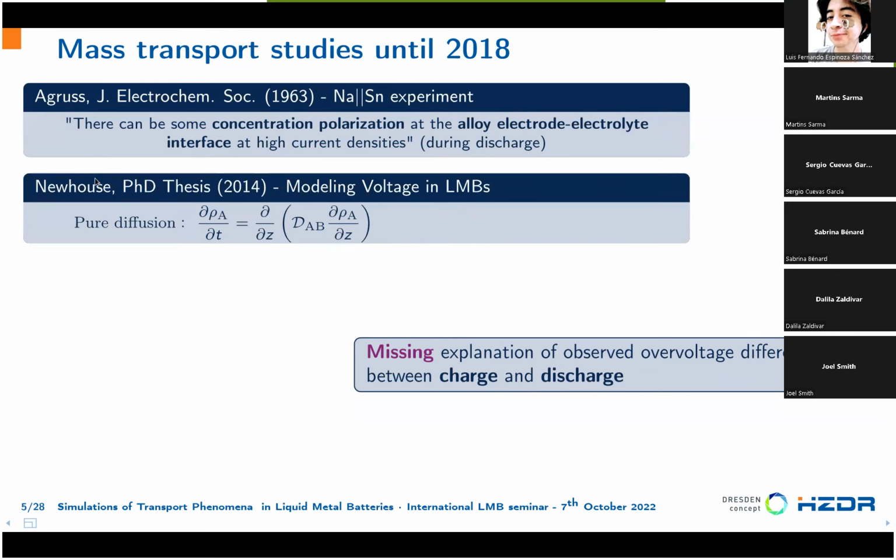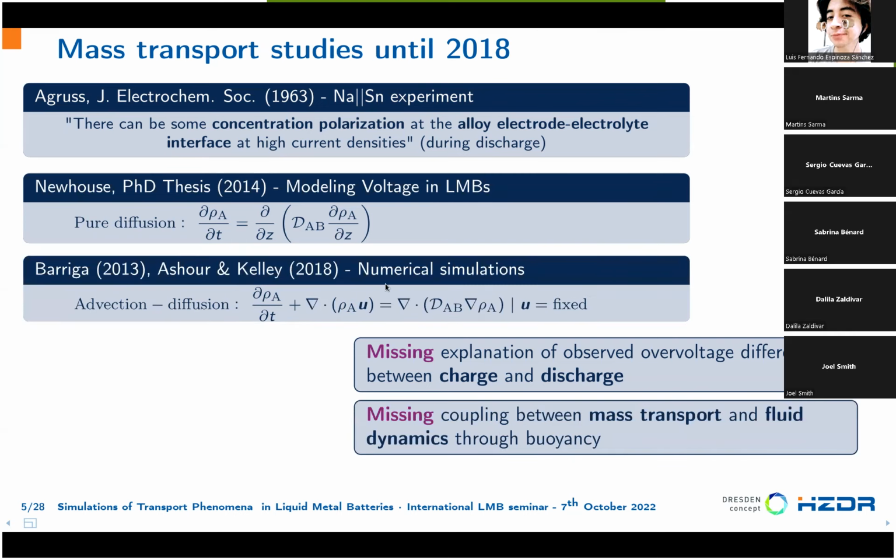This means that there is some difference between charge and discharge, but no one was able to explain it. More recently, in the PhD thesis of Newhouse, a diffusion model was used to study the voltage evolution in the liquid metal batteries. And later, Barriga, Hashor and Kelly used an advection diffusion model to study the transport of the concentration inside the positive electrode.